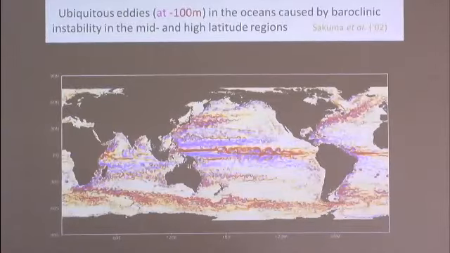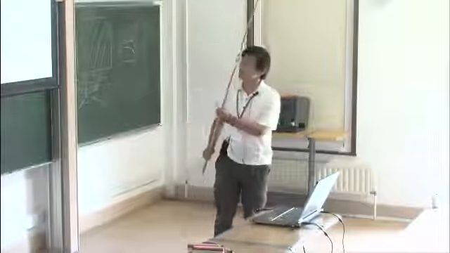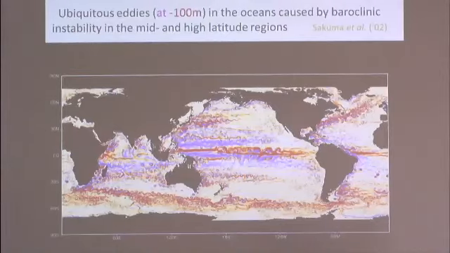This beautiful picture was created by the Earth Simulator in 2002, at the time the best performance computer, and created by Sakuma's group. This is Australia, this is Eurasia, Africa. You are looking at 100 meters below the sea level, and this is the integration of 50-year current.